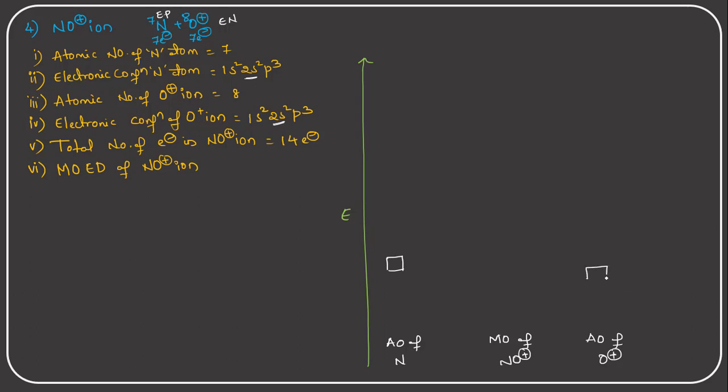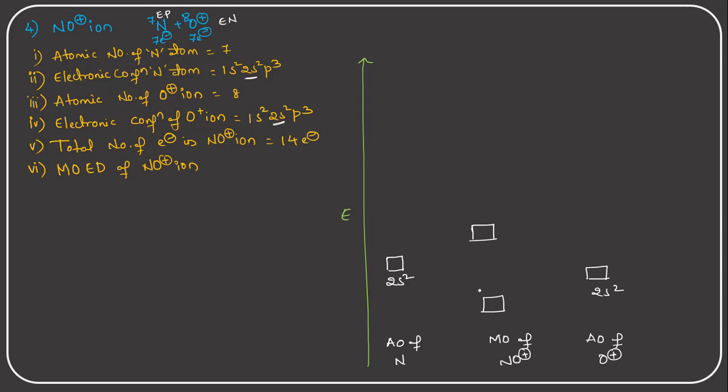So this is a 2s2 atomic orbital, and oxygen also has a 2s2, and they merge together and form molecular orbitals. The same number of molecular orbitals form, that is two atomic orbitals merge together and form two molecular orbitals.